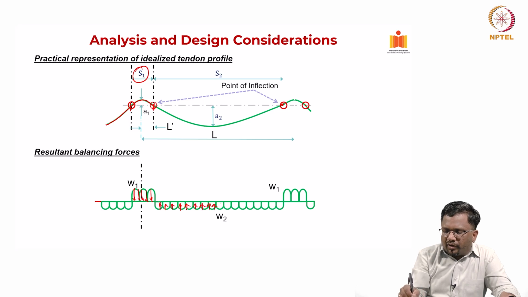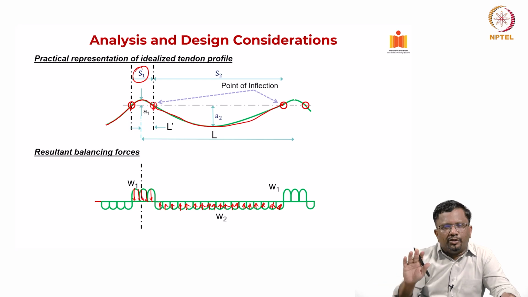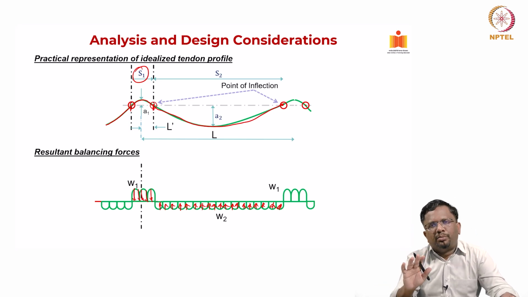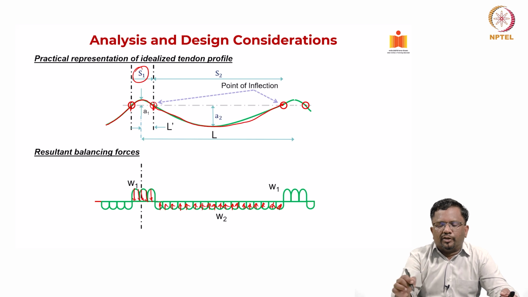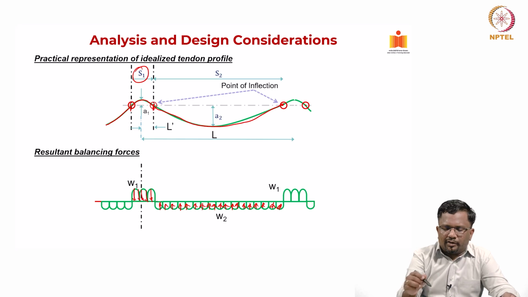This is what we want. So, in the span direction, we want most of the locations in the span to be of this shape, so that you create the vertical load due to pre-stress. And if it is a parabolic cable profile, you know how to calculate the vertical force that is required. So, this is the resultant balance.